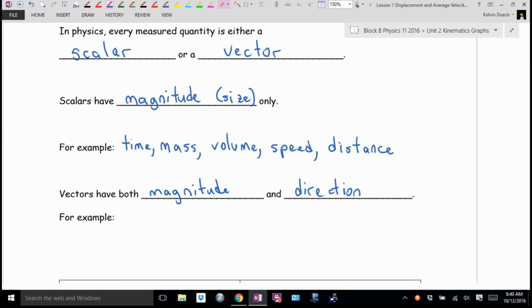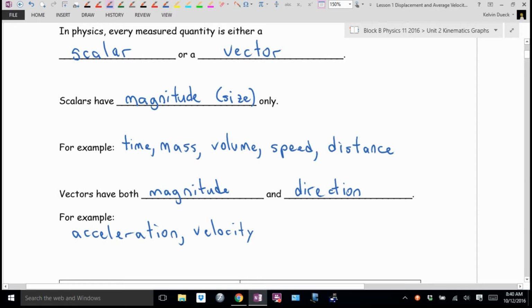Some examples of vectors. Acceleration. It matters whether you're accelerating forwards or backwards. Makes a big difference. Those of you that have your driver's license hopefully have figured that out. Velocity. Mr. Dewick, how are speed and velocity different? Well, we'll talk about that.